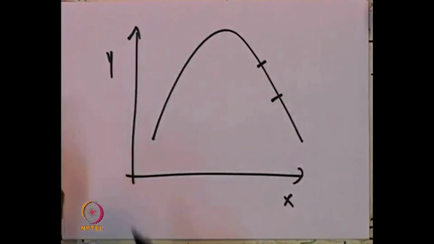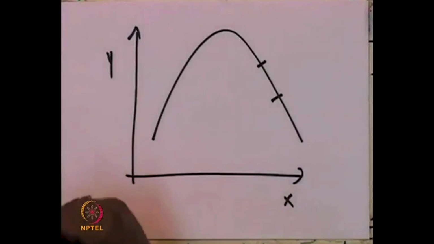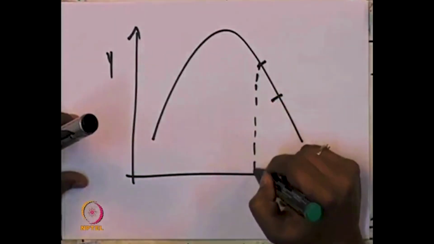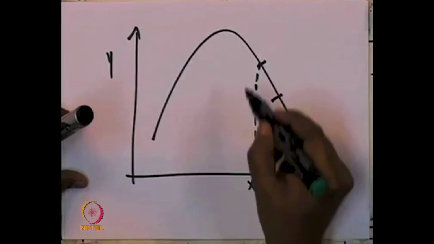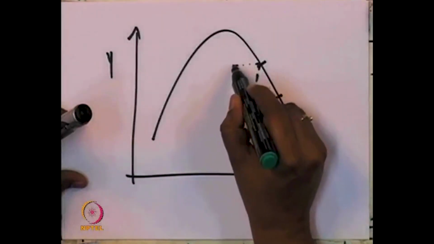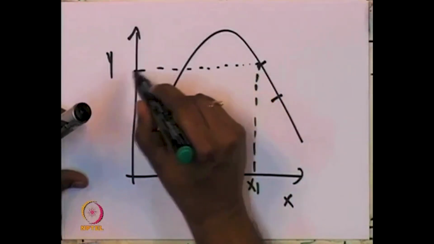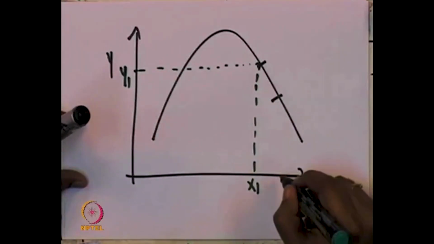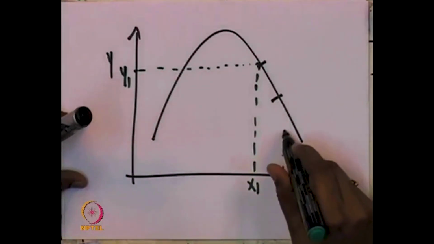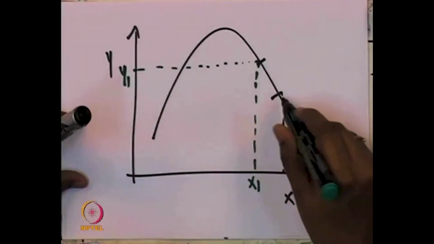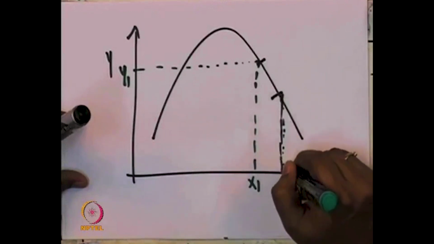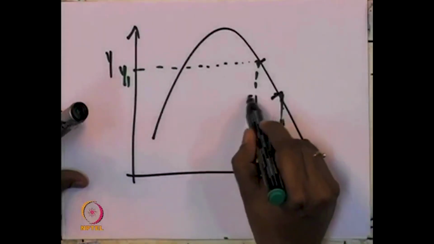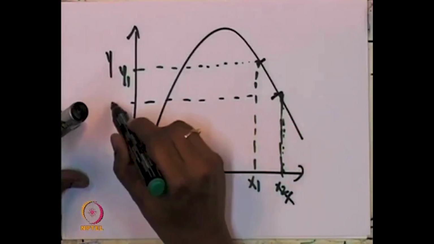If we mark x 1 and x 2, this is x 1, the corresponding point is y 1, so this is y 1. Now, let us mark x 2, so this is the value x 2, the corresponding point here is y 2.